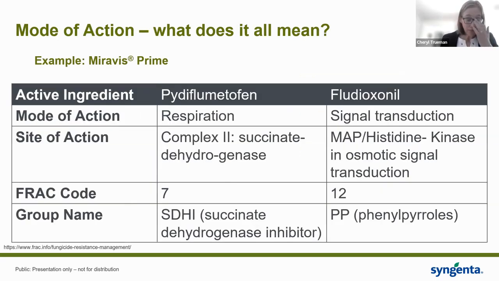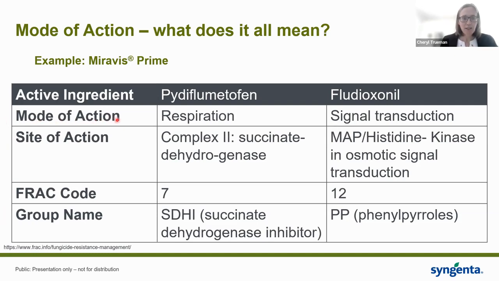So mode of action, what does that mean? Here's an example from the Moravis Prime label. It has 2 active ingredients in it, pydiflumetofen, also known as Adepidyn, and fludioxonil. I've broken it down here into these rows: mode of action, site of action, a FRAC code, and the group name.